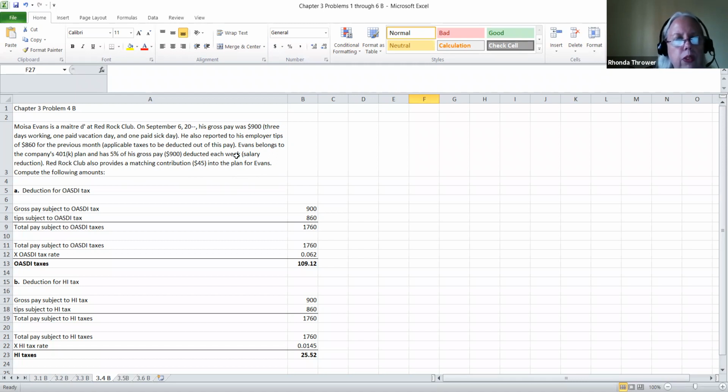Well, they threw this last line in here as additional information that you don't have to worry about. You don't pay Social Security taxes on 401k plans.